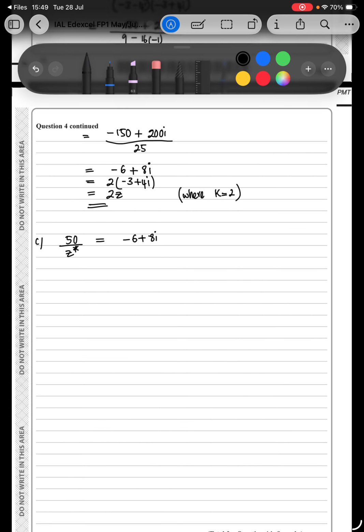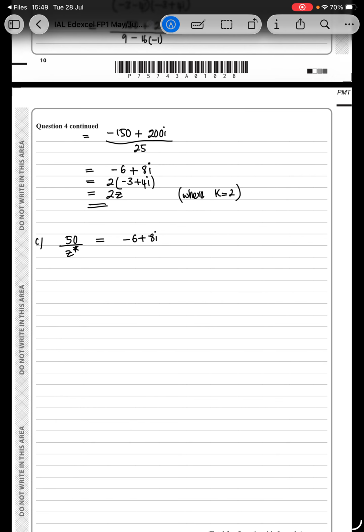So if I draw that, this is the imaginary axis of z and real axis of z. Let's say minus 6 is over here and 8 is over here.